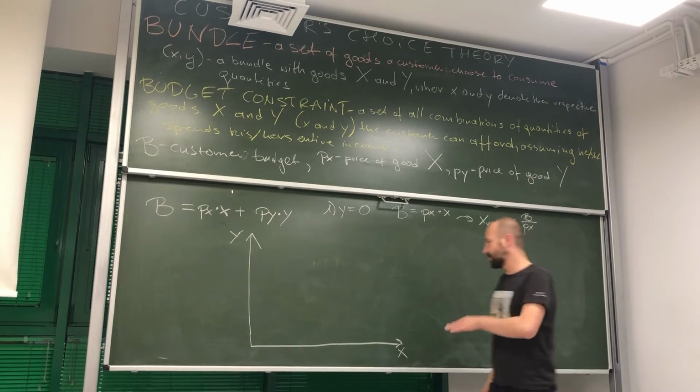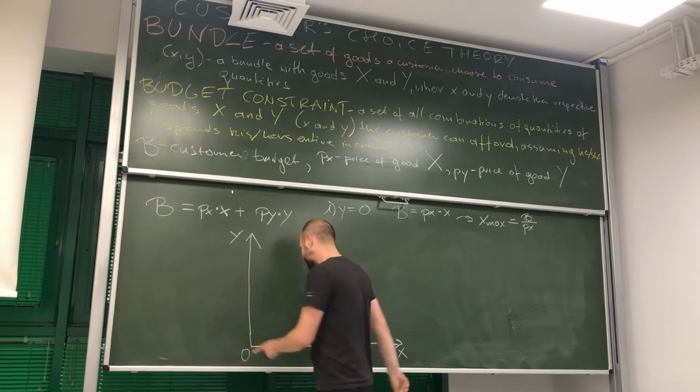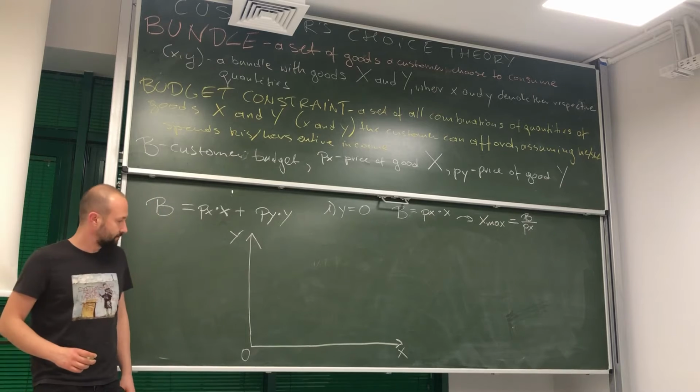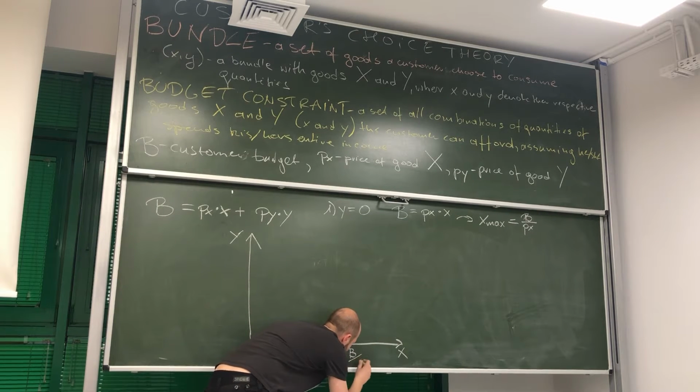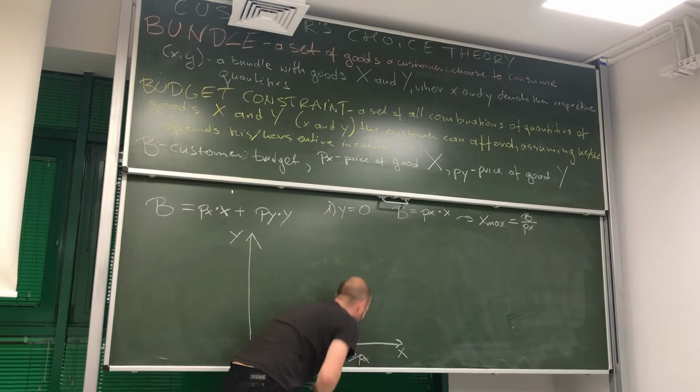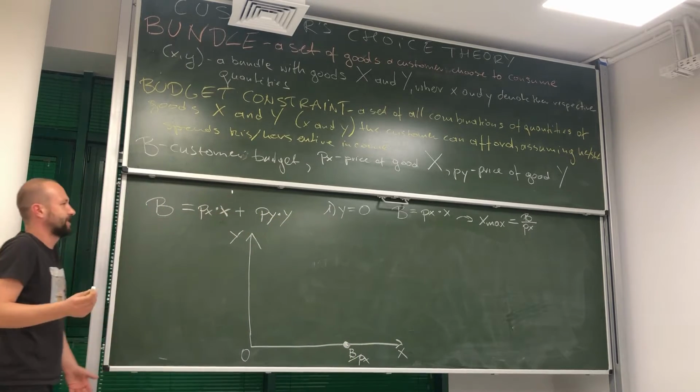So if the customer is not buying any units of good Y, the customer will be able to afford B divided by PX units of good X. And it makes perfect sense.